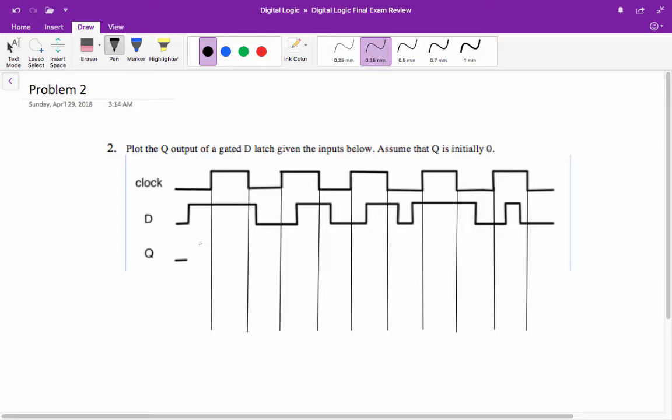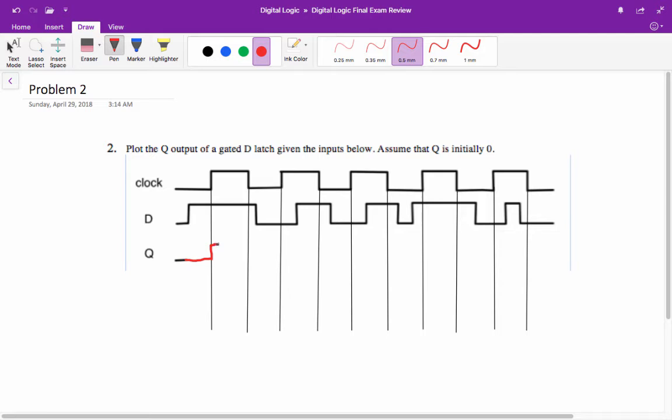So we assume that Q is initially 0, and it's shown here, and the clock is 0 to start off with, so Q will be 0. It cannot change while the clock is 0, so it stays 0. Now while the clock is 1, Q will follow D. So when the clock is 1, D is 1, so Q becomes 1.